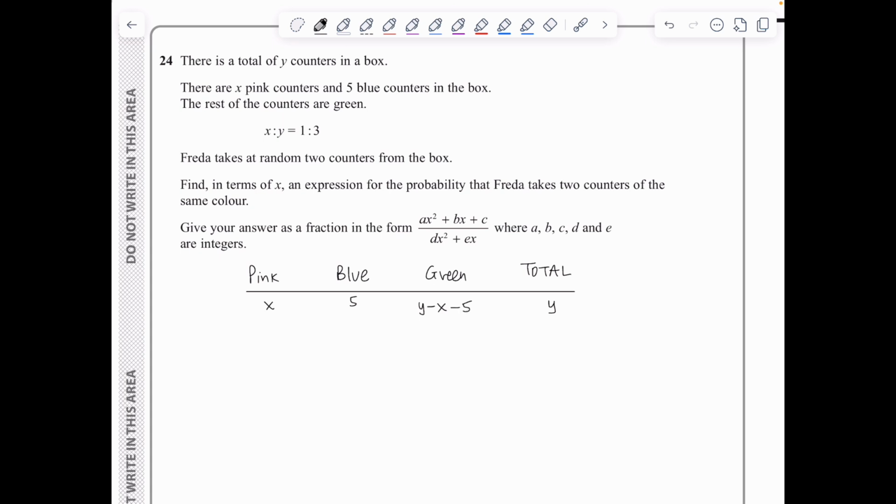In addition, x over y is 1 over 3, and therefore this leads to 3x being equal to y, which means I can go back to my table here and update everything so that it is in terms of x. So in the place of y, I'm putting 3x, and in the place of y - x - 5, I'm putting 3x - x - 5, which simplifies to 2x - 5, and therefore we can proceed with the probability we are asked to find.